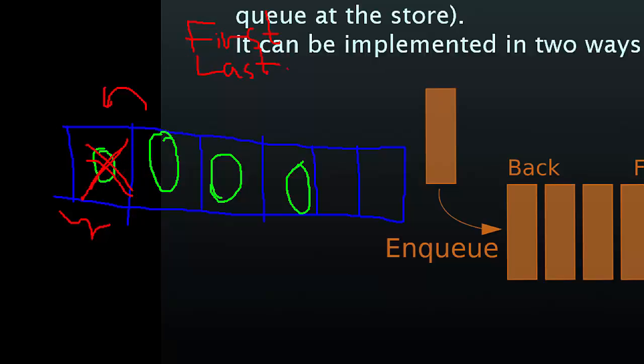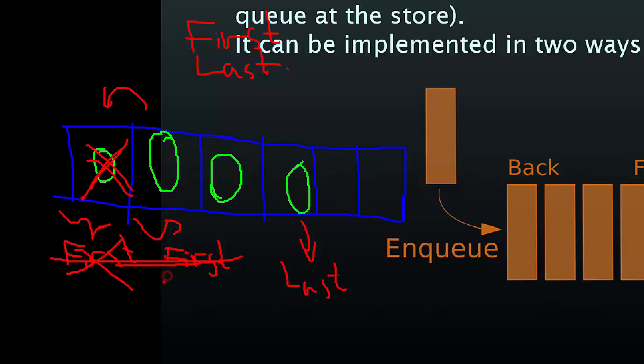So in this case, first was here. We've deleted the element, scratch that, and the first one now is here, and the last one is here. Once we add a new element, the last one is now here, which is going to be done with a simple counter of the indices, right?